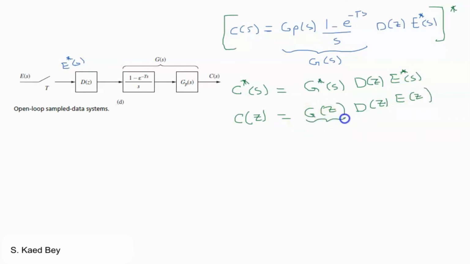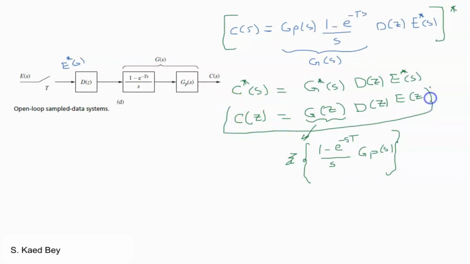And if you recall, the G in the Z domain is actually equal to the Z transform of the multiplication, which we've done already before in the previous chapters. So the transfer function here exists, and the output can be expressed in terms of the input E of Z.